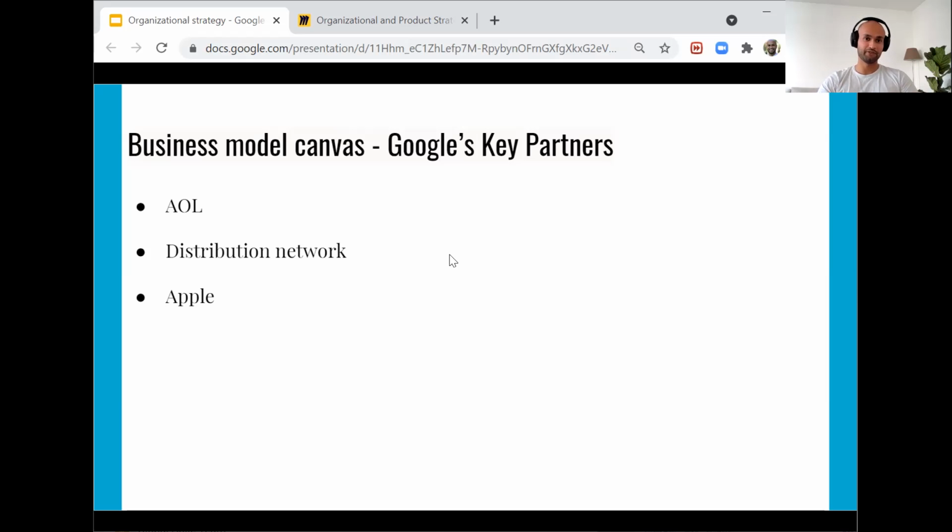And what that does for Google is give them exposure to the customer segments for Apple. And for Apple, it allows them to offer a well-maintained search for their users, right? So this is a very nice example of how Google created and has these key partners to drive their business strategy forward.